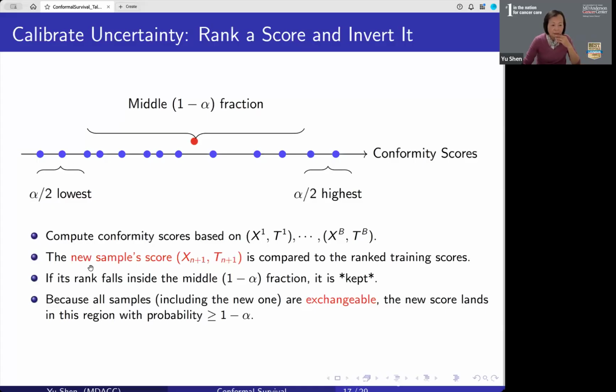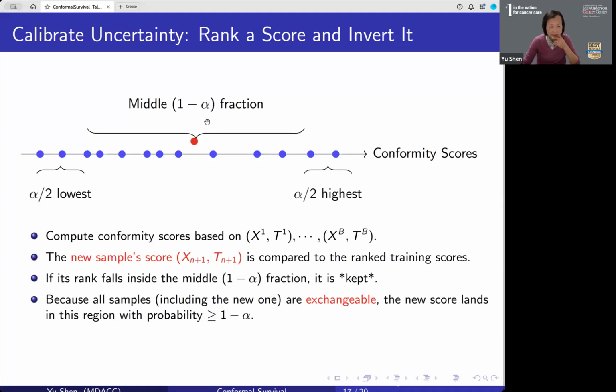Then for the new sample, of course, we have x sub n plus 1, but we don't really know what t will be. So we just insert that into the function and compare to rank against the training scores. As long as this falls into this range, then we keep that.